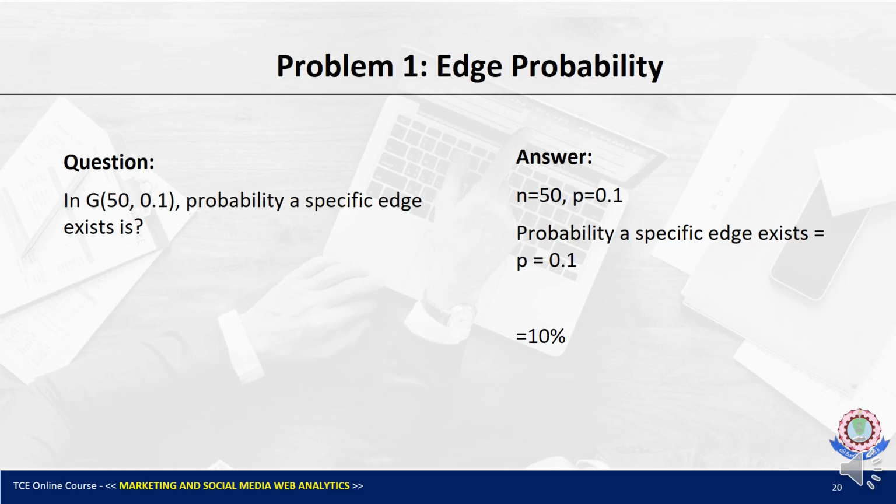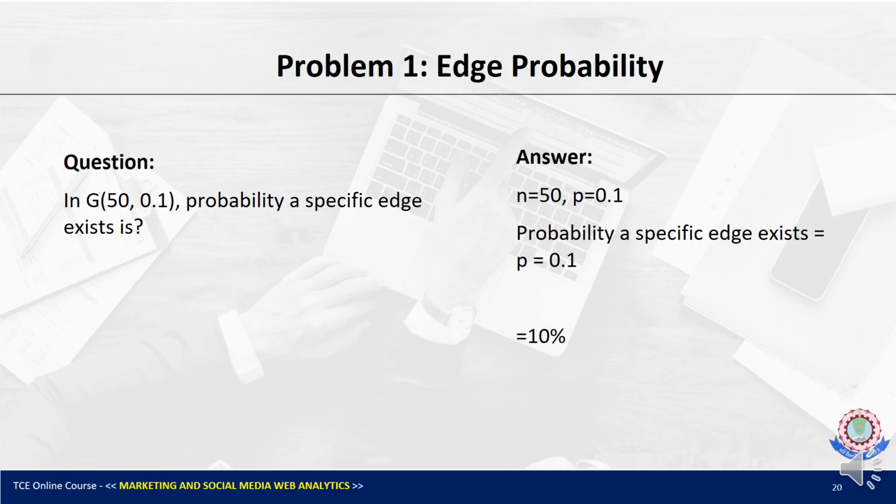Let's walk through our first problem. We are given a random graph G of 50, 0.1. This tells us two things. N is equal to 50, there are 50 nodes, and P equal to 0.1, which is the probability of each edge. Now, here is a key idea.